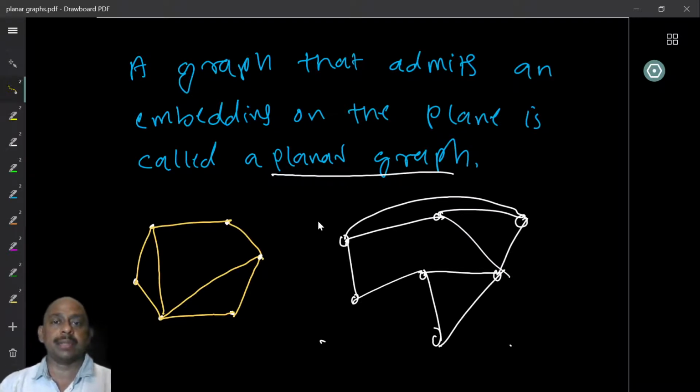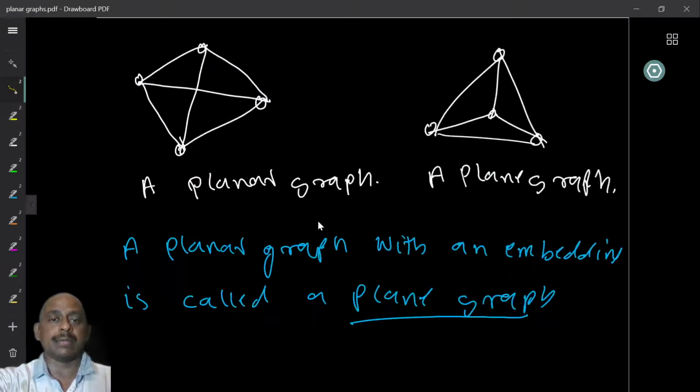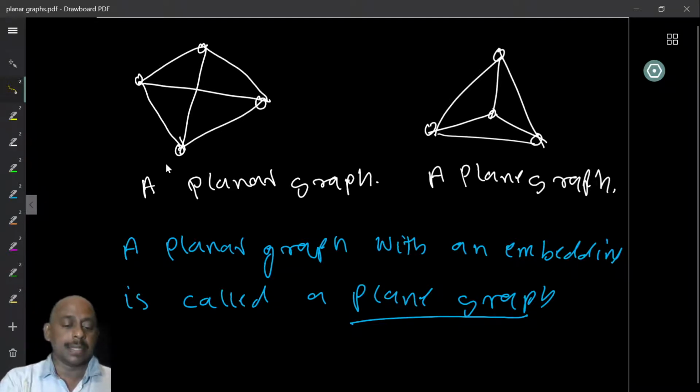So the definition of a planar graph does not say that your given embedding needs to be a planar embedding for the graph to be planar, only that it has at least one embedding where it is planar. To see the difference, let us look at this graph, which is a complete graph on 4 vertices. You have this first embedding where the edges actually intersect each other. Therefore, this is not a planar embedding, but the graph is planar.